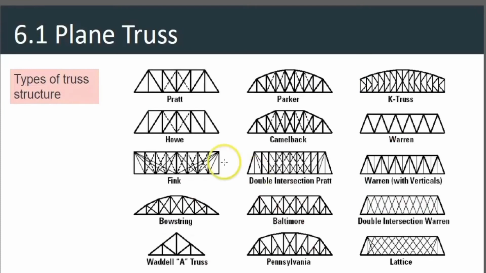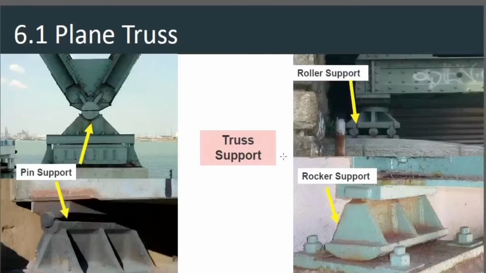So these are types of truss structures. There are so many types. You may refer to the slides on my Padlet. Some of you may not be alert. I already put all the PDF files in my Padlet. You may refer to Google Classroom, right?